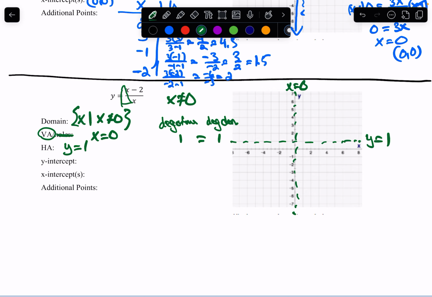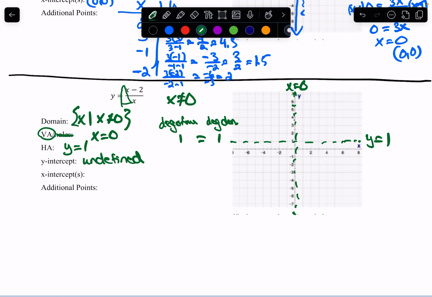Now, looking at our asymptotes, I mean, we can go ahead and try it, but as you can see, our y-axis is actually the vertical asymptote. So that means that we don't have any y-intercepts. The graph is not going to cross the y-axis, but the x-axis, yes.